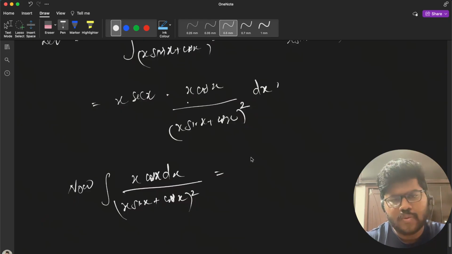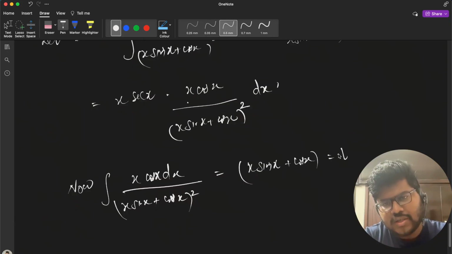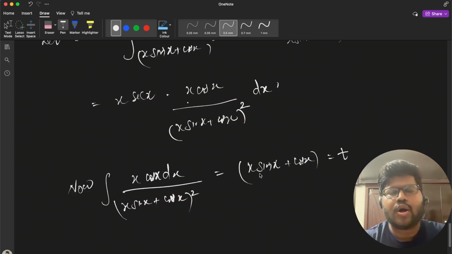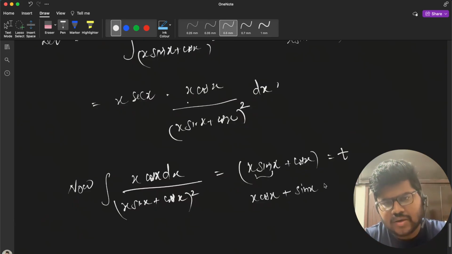So x sin x plus cos x, if I put it as t, then now simply apply the product rule, right? So this is the UV rule. So this x remains the same. Sin x differentiation is cos x, plus this x's derivative 1 times sin x, minus this cos x's derivative, sin x.